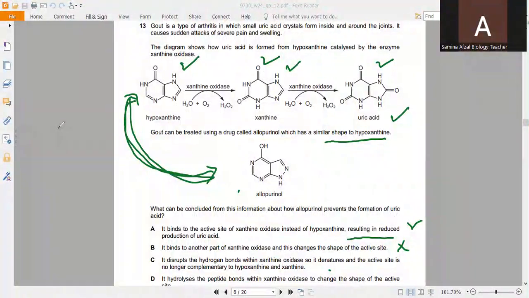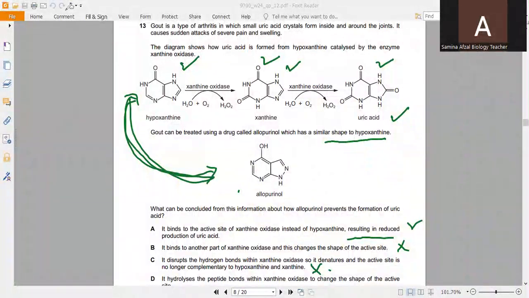Denaturation is a drastic process that usually involves significant changes in temperature or pH. Allopurinol does not cause such a dramatic change, so it does not explain the specific competitive mechanism suggested by the structural similarity. So this is not the correct option.